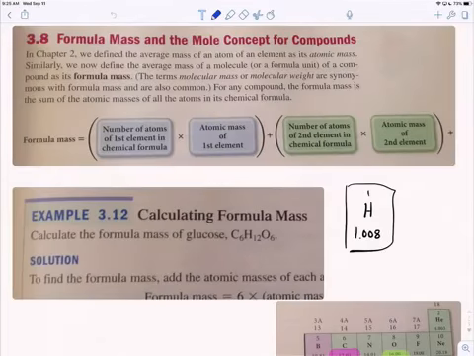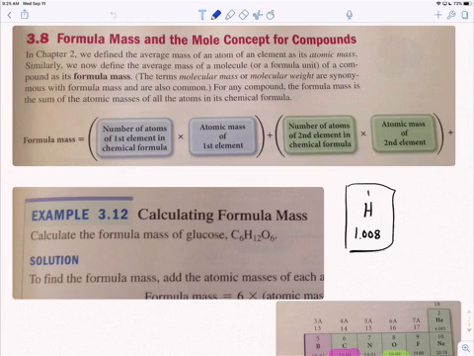So now let's talk about calculating formula masses. We've already talked about moles, and we talked about moles with elements, but we're talking about compounds now. How do we deal with moles of compounds? Moles of elements are easy. You look at the periodic table and you just use the atomic weight.